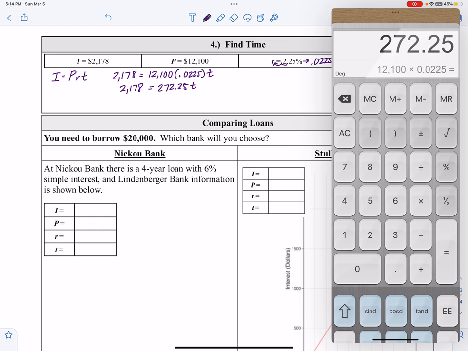Let's go ahead and isolate the variable by dividing this amount on both sides. And we get a final amount of years, because remember, time is in years for this, 2,178 divided by 272.25. There we go. Who would have thought that all turned into one nice little 8?